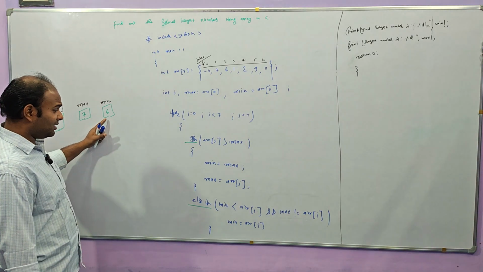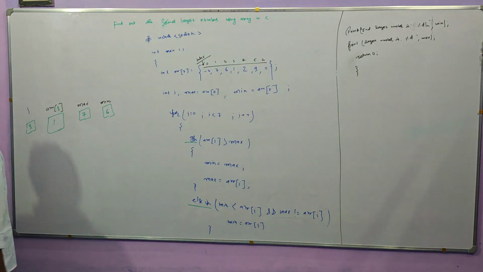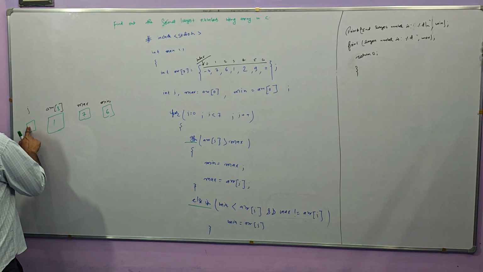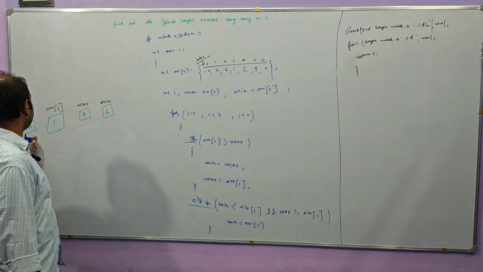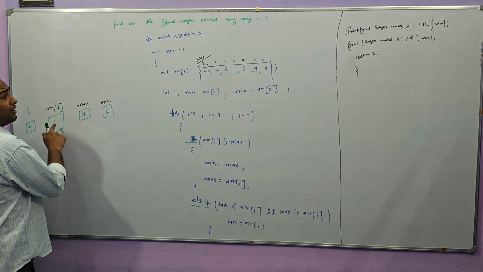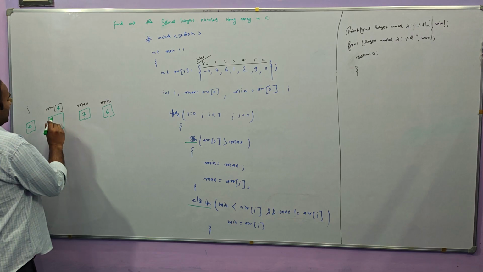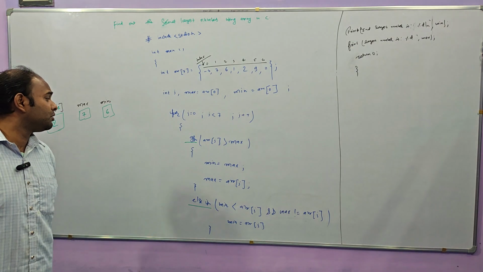Min 6 is less than 1? No, so just keep it as it is and increase i. i becomes 4, ar[4] is equal to 2. 2 is greater than 7? No. Check the else condition: 6 is less than 2? No.